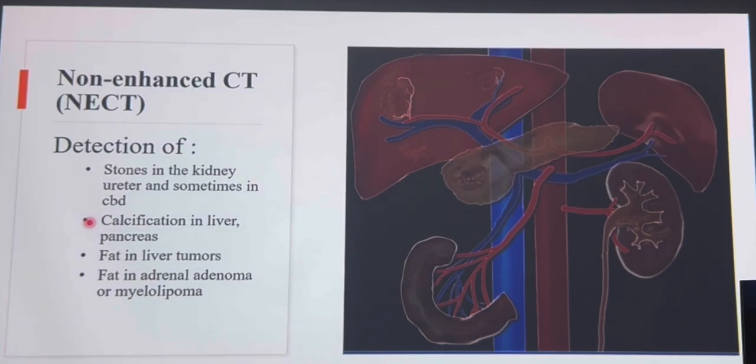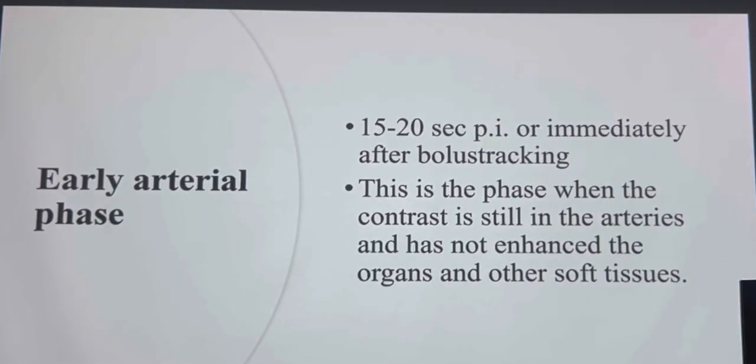If I see calcification, I can say this is a chronic pathology or a tumor containing calcification, like in the liver. Fat in an adrenal adenoma is very important. If I see the fat, I change my protocol. If I don't see the fat, I continue with my protocol for contrast detection of a lesion. This is the first phase, the non-enhanced contrast study.